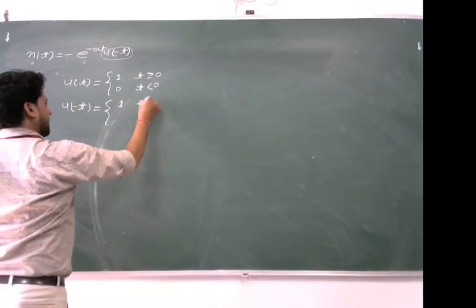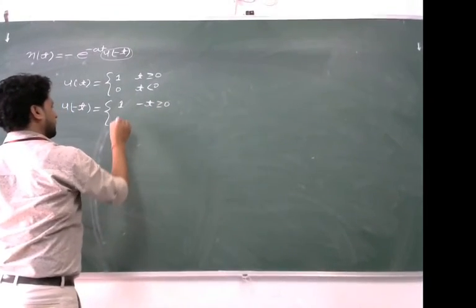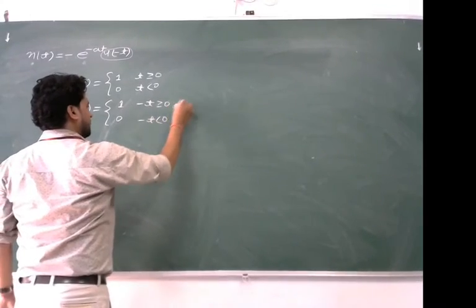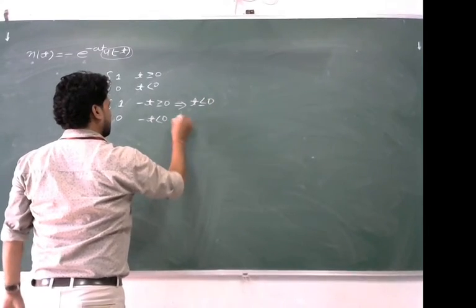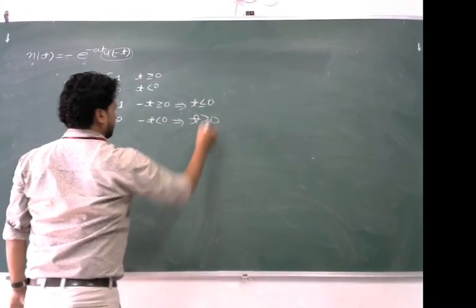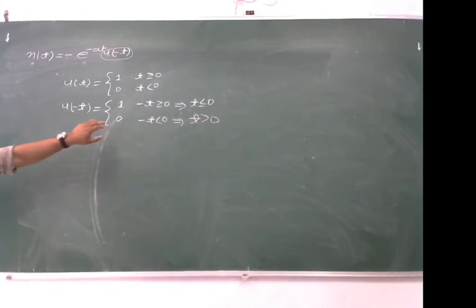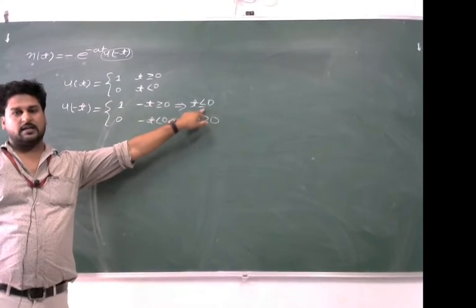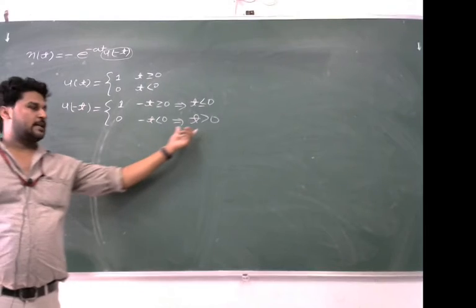In place of t I will write minus t here, when minus t is greater than or equal to 0, and it is 0 when minus t is less than 0. This can be written as t should be less than or equal to 0. Here t should be greater than 0. Means the given signal u of minus t will exist only for the negative values of t, when t will be less than or equal to 0, and this will become 0 when t is greater than 0.